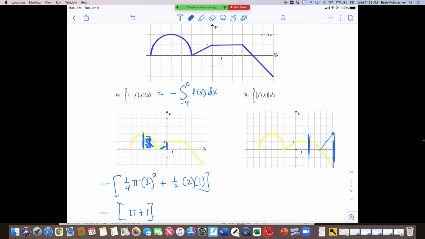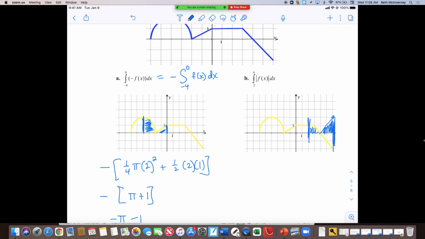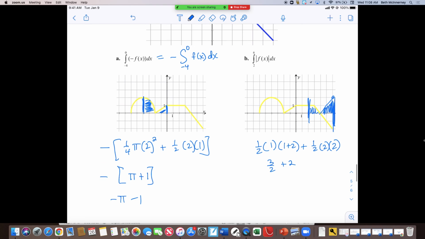What that's doing is it's going to take this piece that's below and flip it above. So that's going to give me 1/2, I have a little trapezoid here, plus 1/2 my base times my height. So that's 3/2 plus 2, which is 7/2.